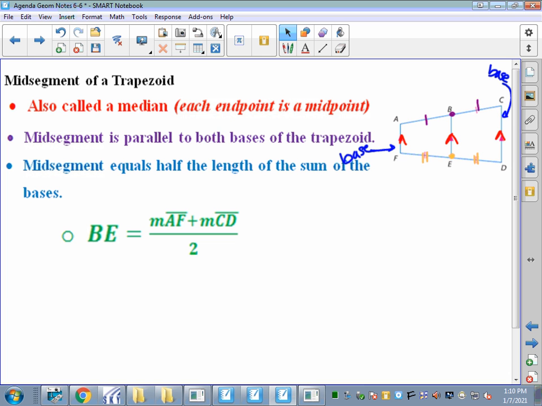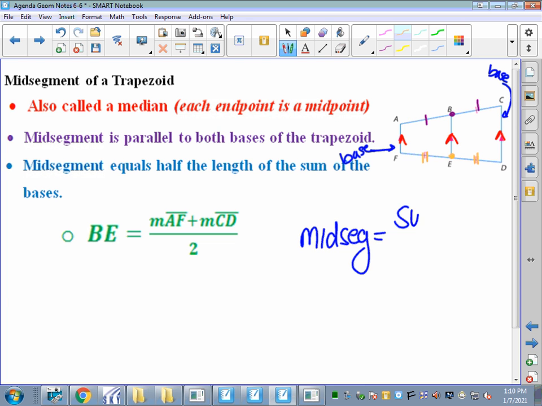In this particular case, BE, the mid-segment, is equal to the measure of AF plus the measure of CD, adding the two bases, the sum of them, all divided by 2. If you prefer, we could say mid-segment is equal to the sum of the bases over 2.